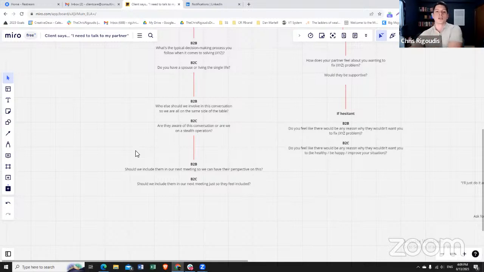So we have to include them on the next call if we want to get a green light on this. And the language in the B2C that we want to use is, should we include them in our next meeting just so they feel included as well, just so they feel heard as well? That's how we get all the decision makers, for lack of a better term, on the next meeting.